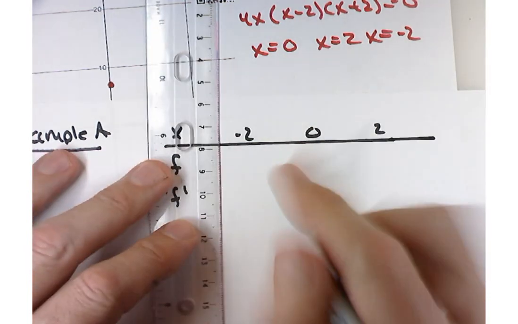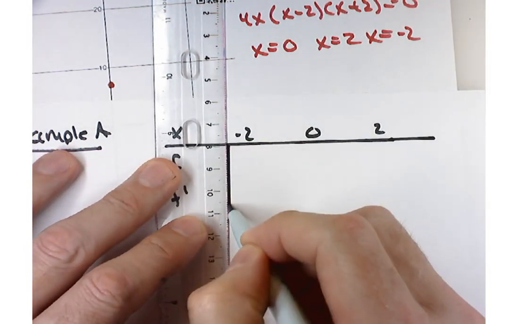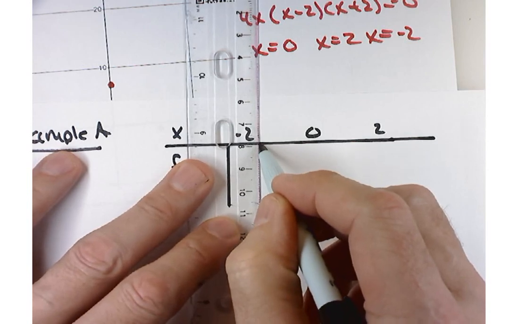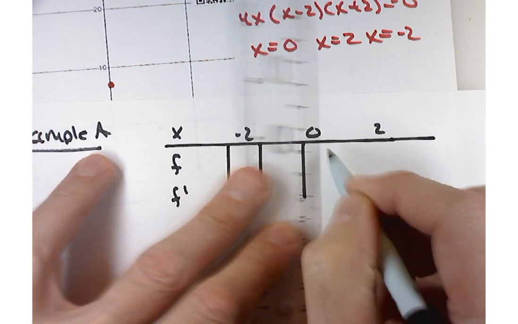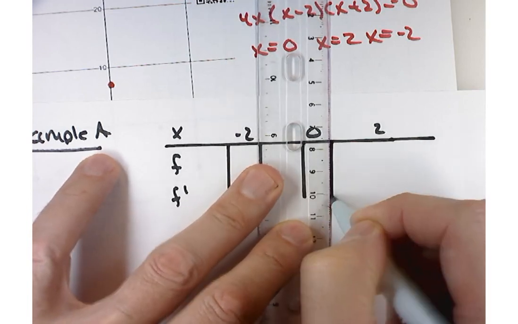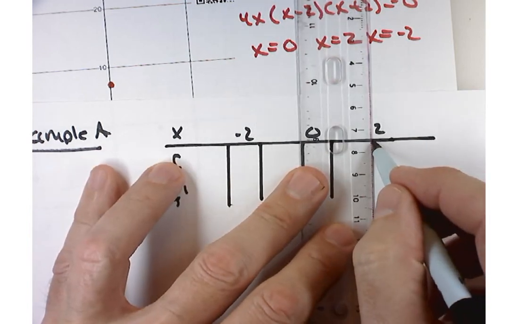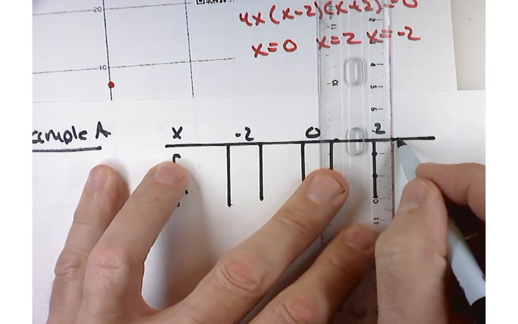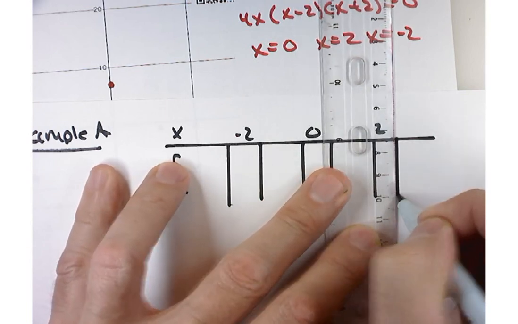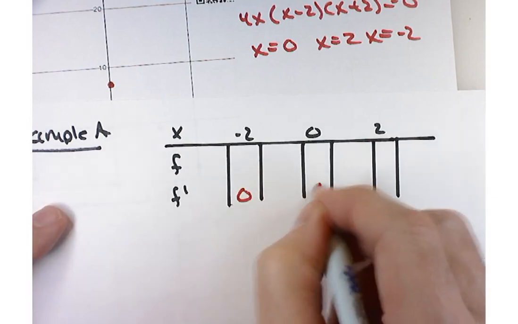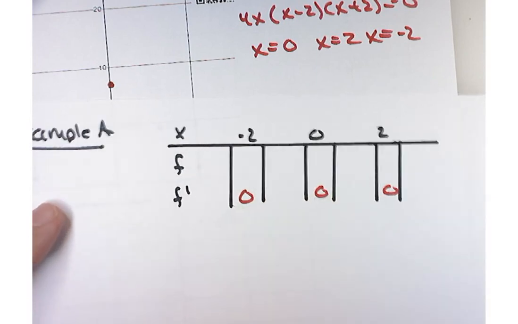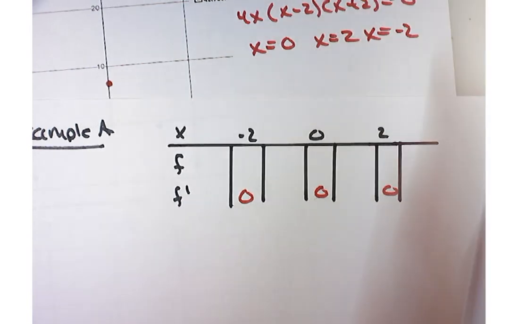All right, so at these points you have a derivative of 0. Okay, that's wonderful.